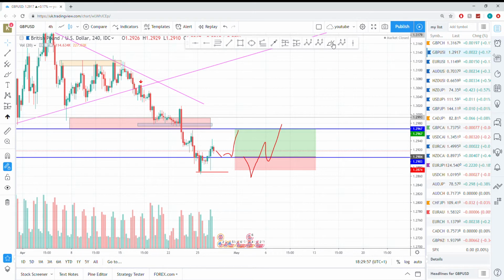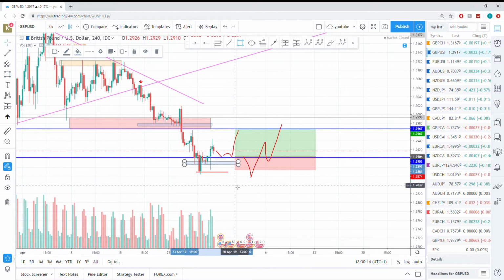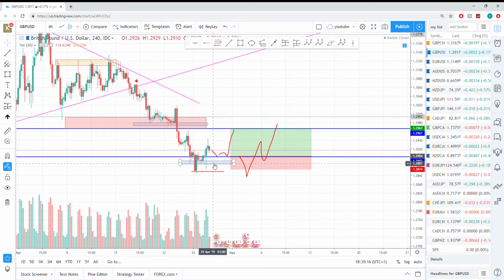In a scenario where price moves downwards, price manages to come past this zone here. I'm just going to draw this here. If price is able to close in this region and below it, and not have an instant buying candle like these two here, then it would give me an idea that we are selling.